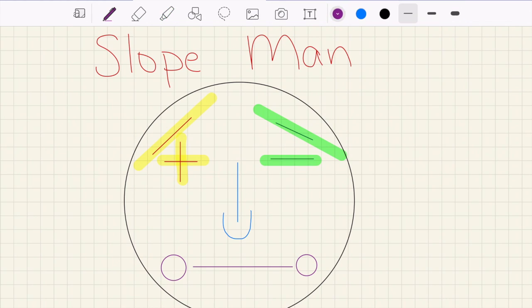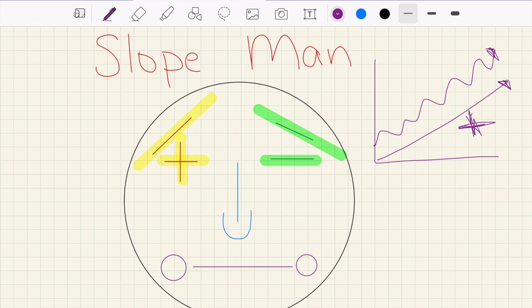The way I like to remember this is, if you think about a graph, something that might look like this. If the company is gaining money over time, it goes up on a graph, right? So if the line was going up from left to right, that's like we're gaining money. That's positive, right?